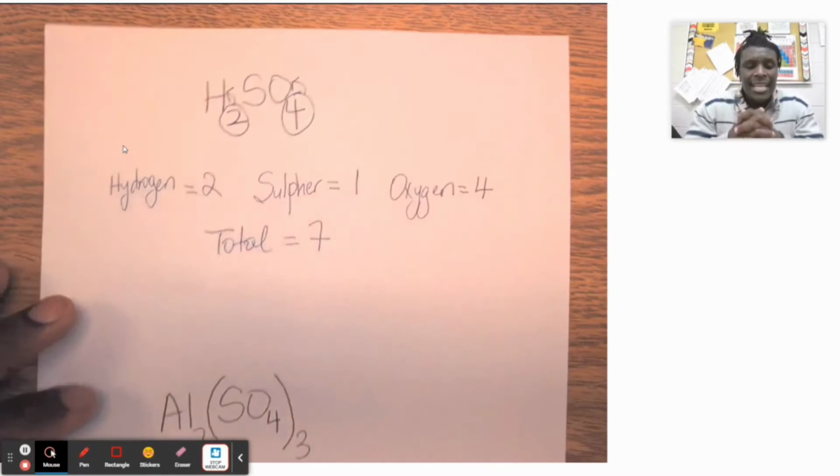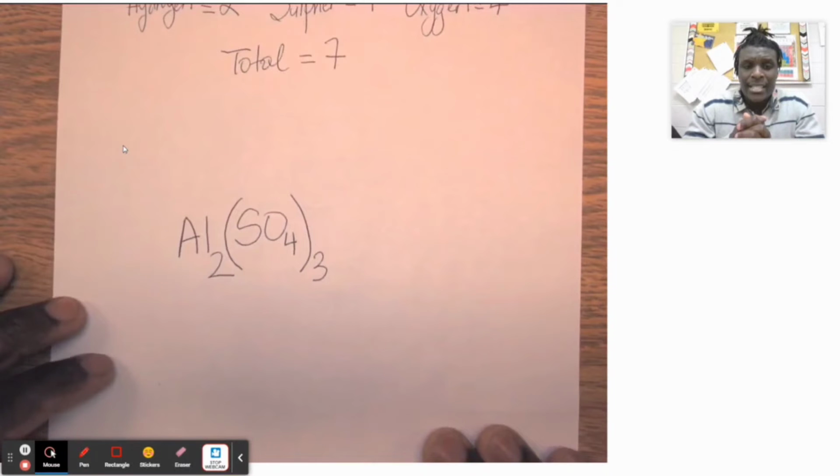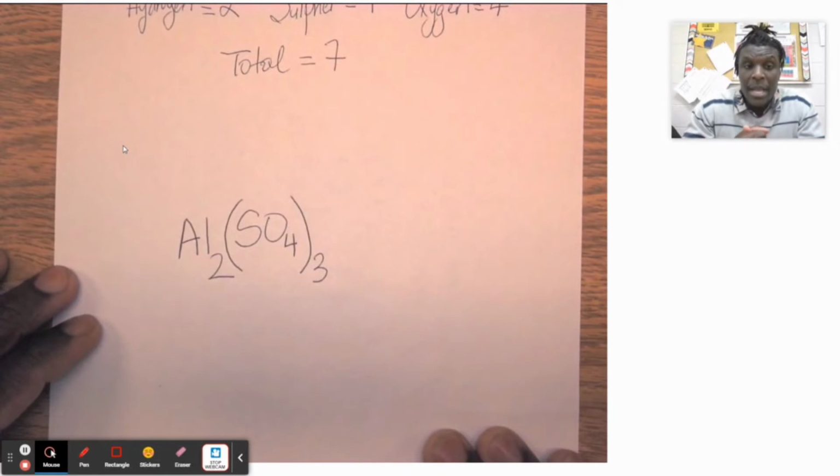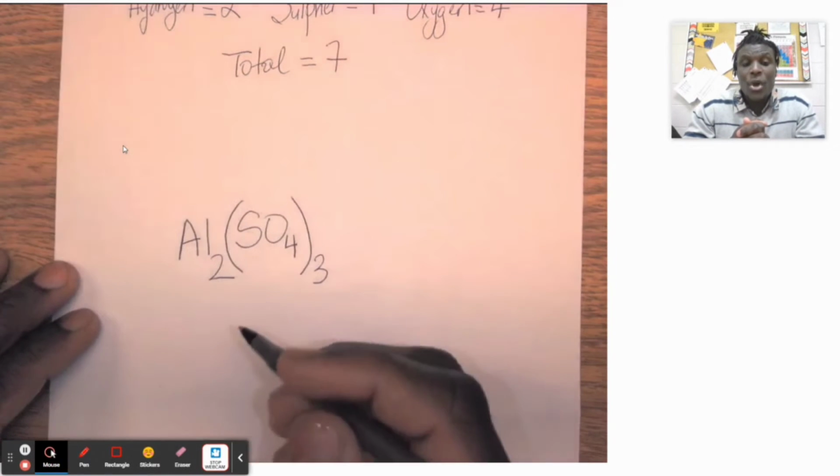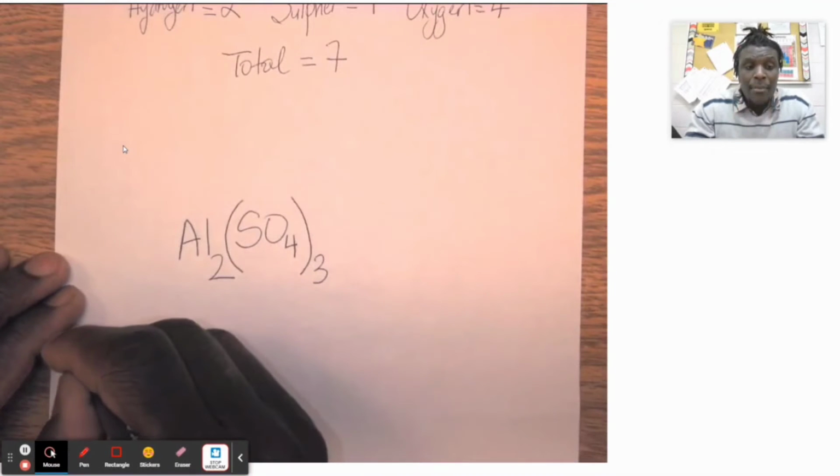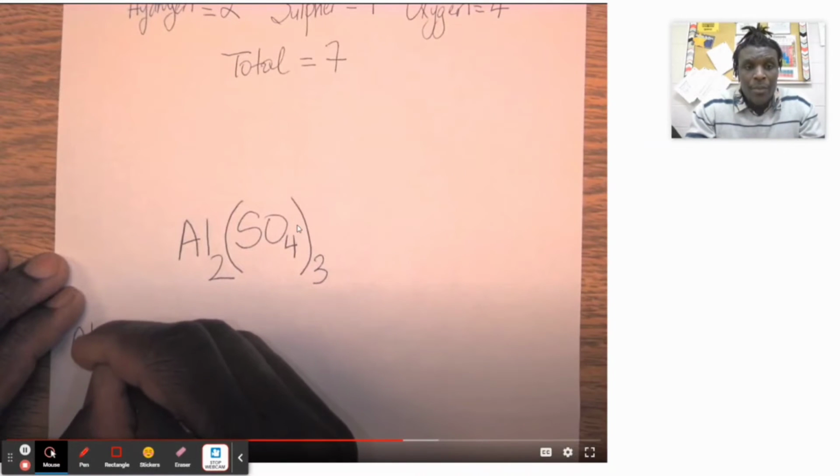And let's try the last one. Now, you guys can try this on your own. This one is called aluminium sulfate. Now, with aluminium sulfate, as you guys see, we have a bracket in this one, or what you call parentheses. Now, in mathematics, what did you learn about parentheses?